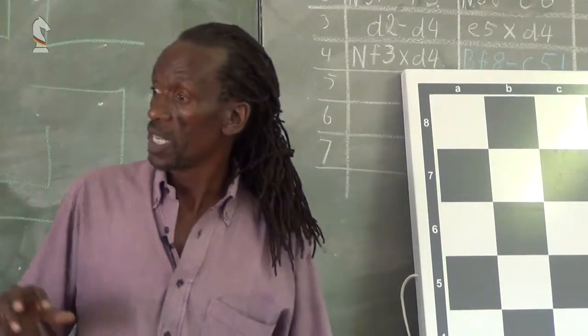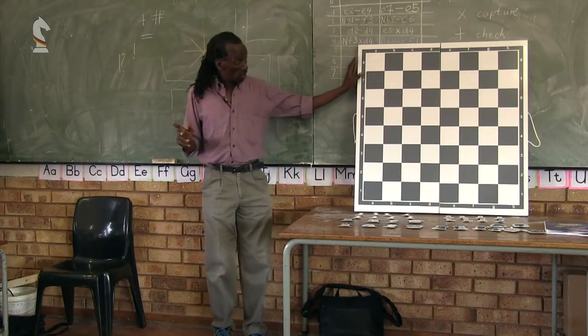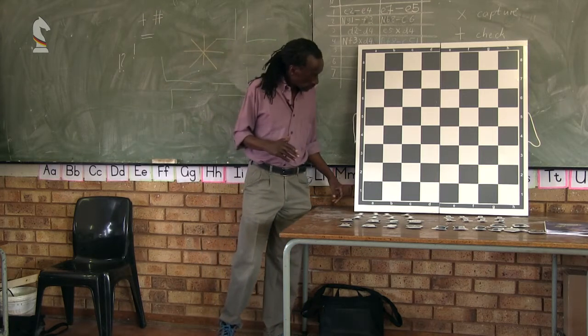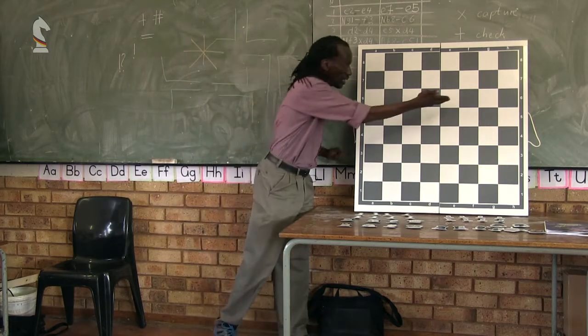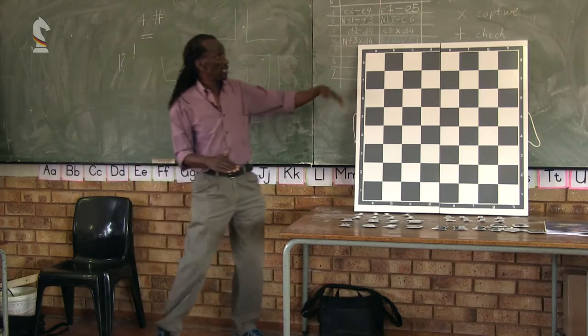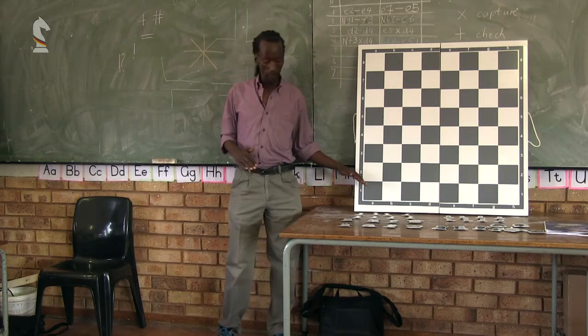Right, we are going to then talk about how many pieces, or let's go to the board. The board is divided into 2 blocks. If you cut it in half, you will have the same amount of squares on the upper level and the same amount on the lower level.